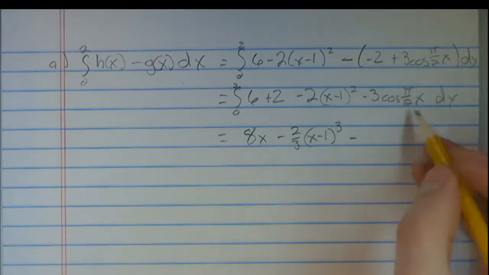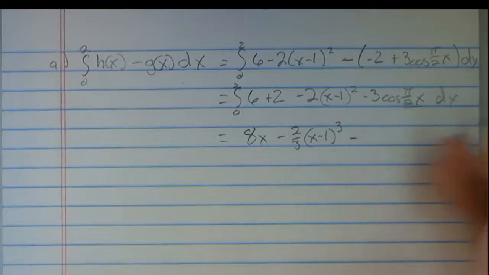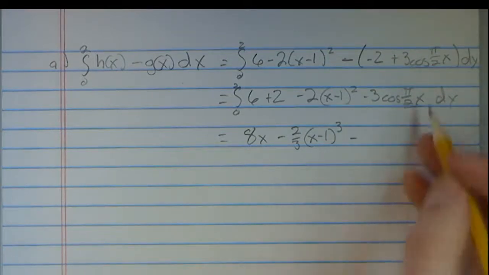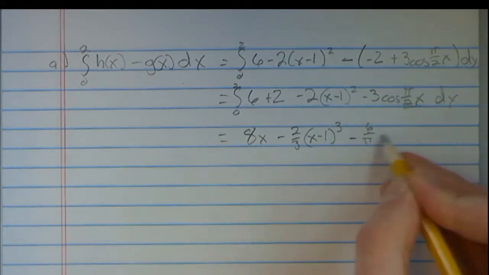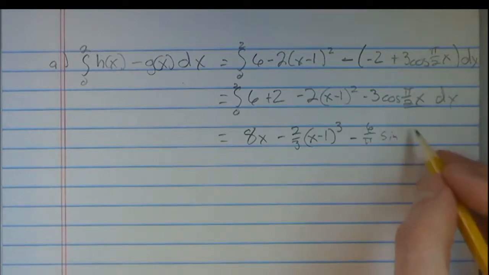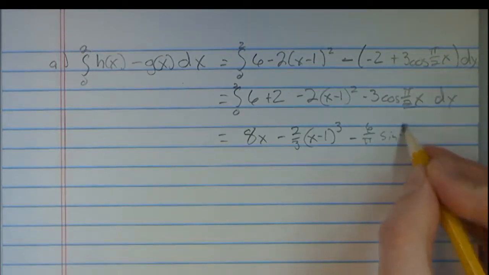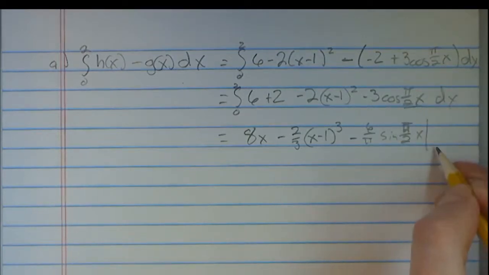Minus, okay, so we're going to need the inverse chain rule here again as well. We're going to end up multiplying by 2 over pi, essentially dividing by pi over 2. So that's 3 over pi over 2, or 6 over pi, sine of pi over 2 x, between 0 and 2.